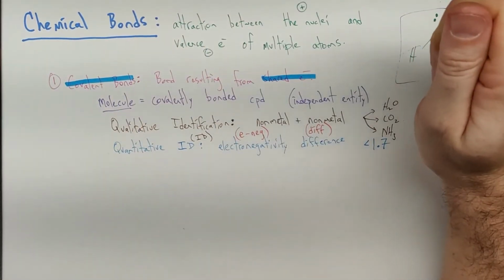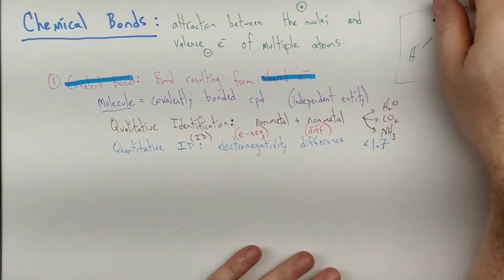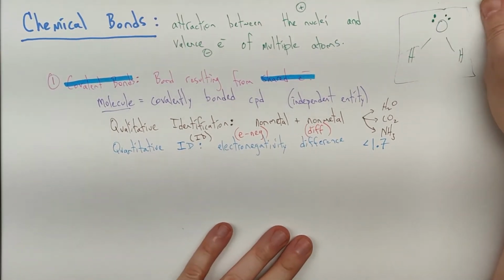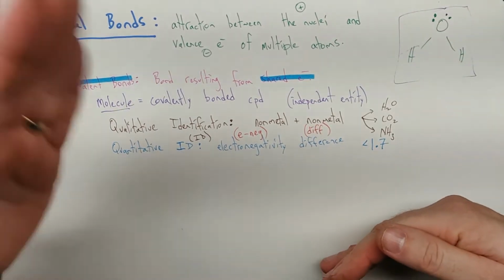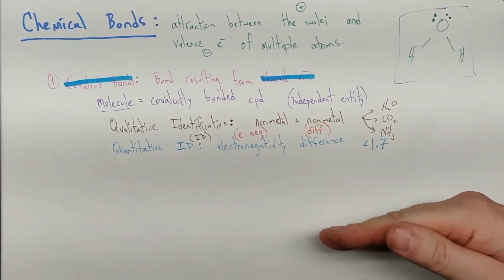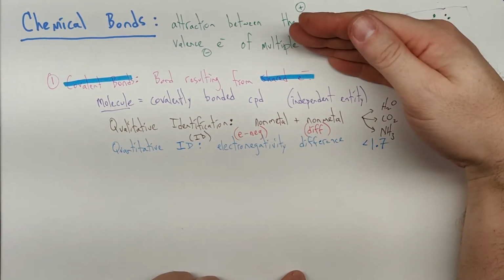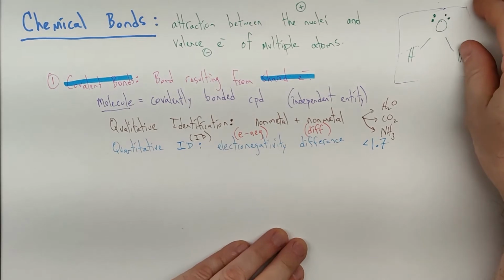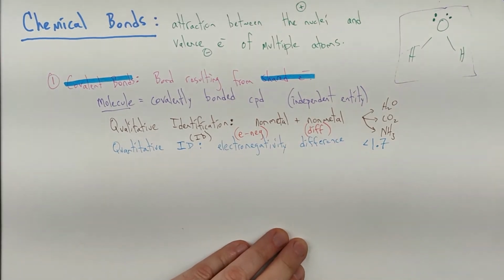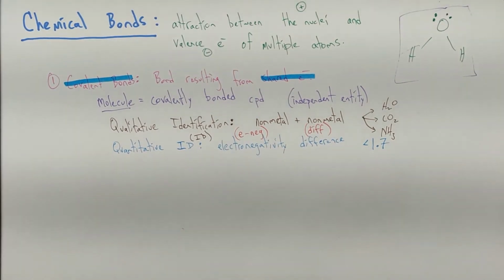And we don't need to go into that right now, but the origin of this 1.7 is that's 50% ionic, all right? So if something is less than 50% ionic, it's covalent. We're talking about sharing. If something is greater than 50% ionic, then we're talking about an ionic bond. There's a give and take of electrons instead of a sharing of electrons. So just a little background information on that.